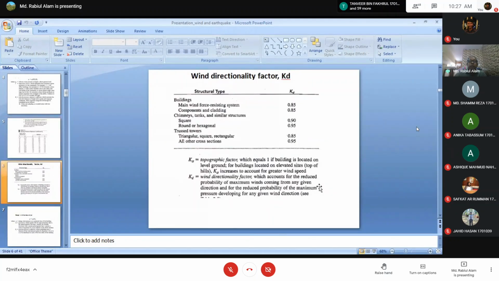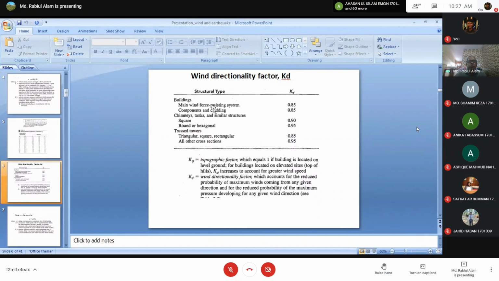Okay, next is the wind directional factor. Directional factor is basically the building orientation and the direction, and also the building structural types involved in calculating the directional factors for different types of buildings. You see the building main wind force resisting systems or components and cladding systems.